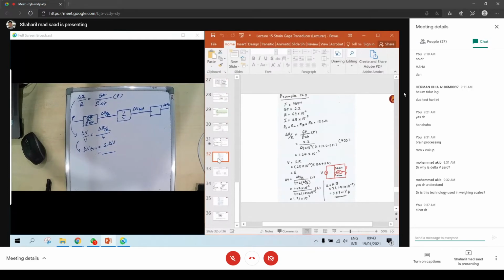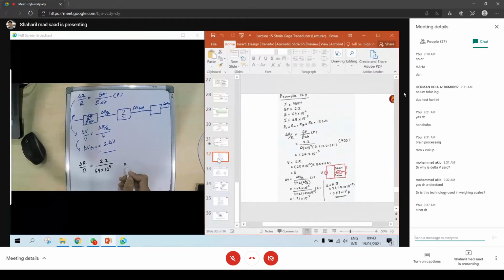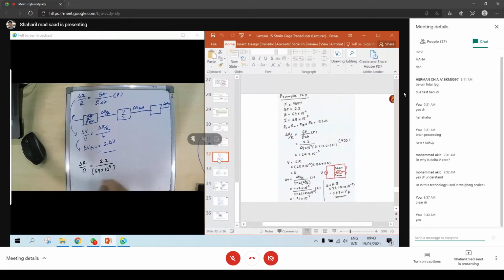Okay. So first, we need to find this one. What you can get is delta R over R equal to GF, which is given as 2.2, E modulus of Young equal to 69 times giga. Giga is 10 to the power of 9, right? Then A means from this area.